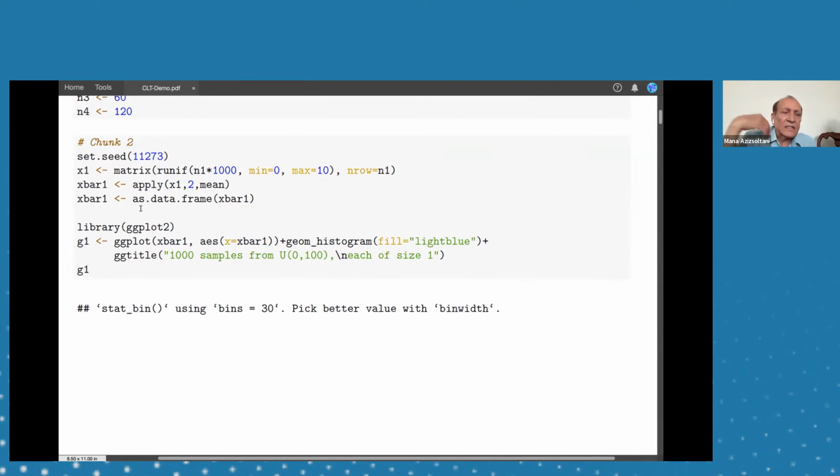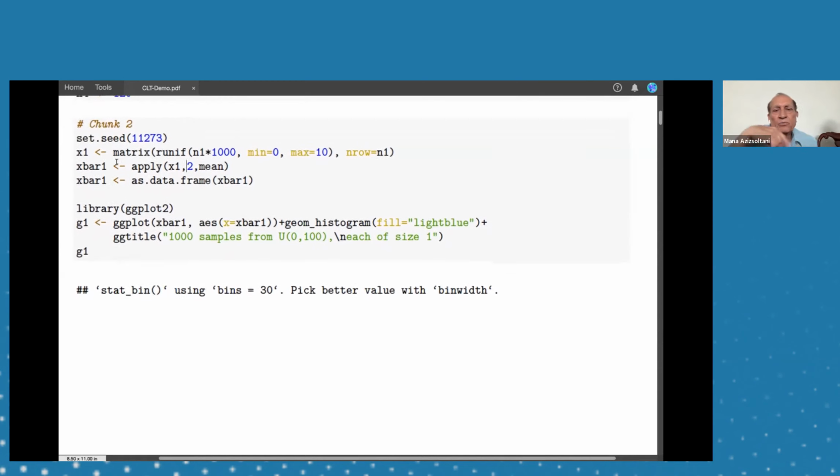The next line, X is a matrix of runif, generates the uniform random numbers. So n1 times 1,000. Let's say I'm using n4 of 120. It's going to generate 120,000 observations from the uniform distribution with a minimum of 0 and a maximum of 10.